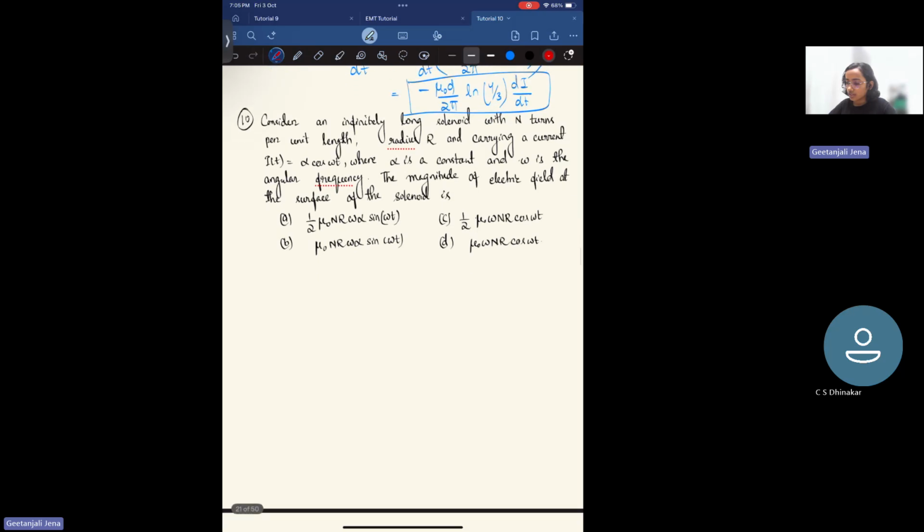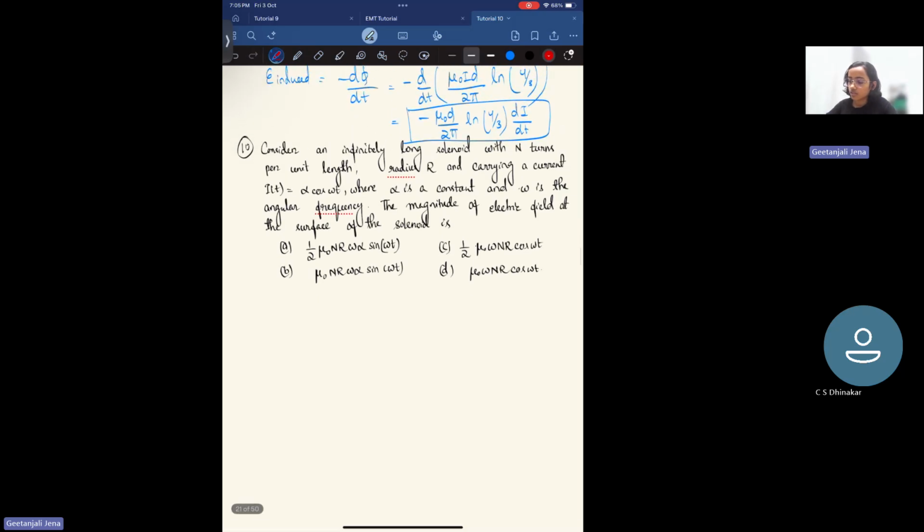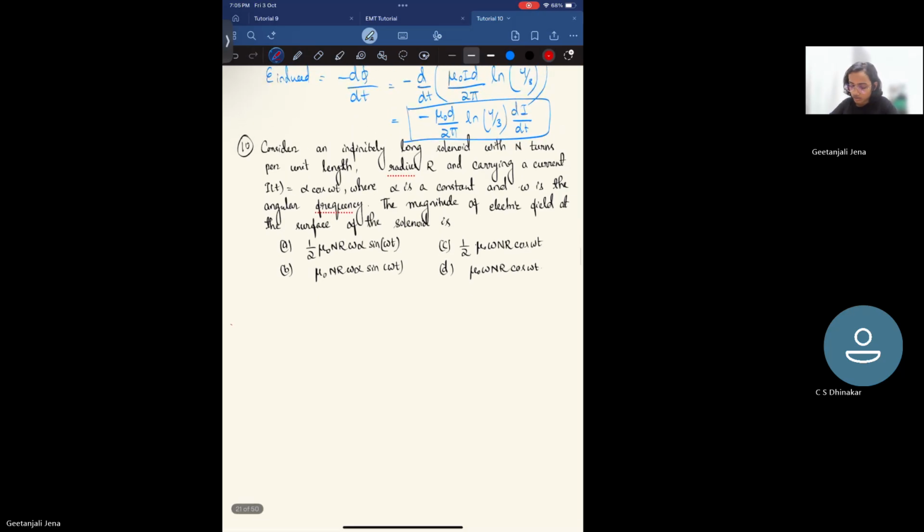Okay, now let us see question number 10. There is an infinitely long solenoid with n turns per unit length, radius r, and it carries a current I(t), which is alpha cos omega t, where alpha is a constant and omega is the angular frequency.